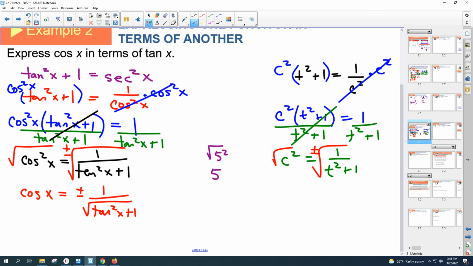If I did the square root of 5 squared plus 1, that's going to be the square root of 26, is it not? Whatever that is. It's not going to be 5 plus 1 is 6. That's not how it works. It has to do with order of operations.